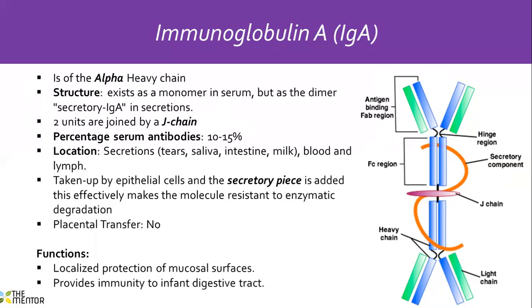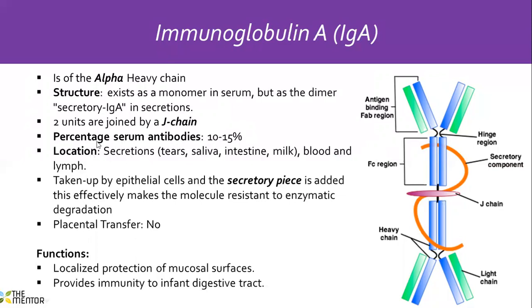In secretions, IgA occurs as a dimer, but in the serum, that is in blood and lymph, it occurs as a monomer. It's also joined by a J chain, as we talked about in the pentamer IgM. The percentage is around 10 to 15%.